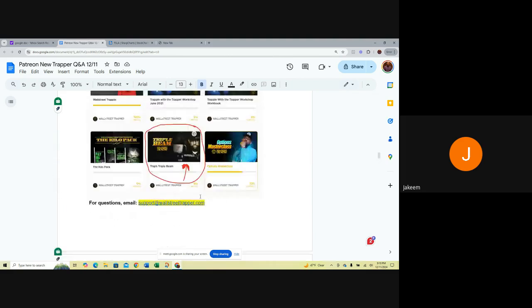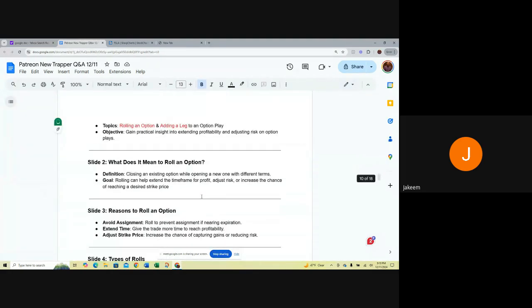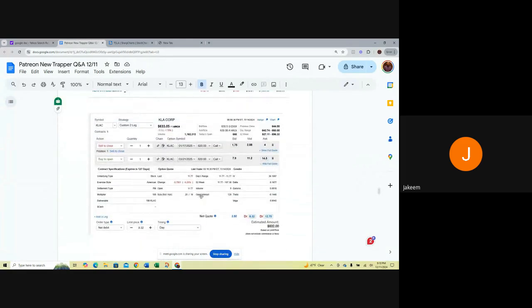That's where you put the price that you want to bid, that you want to ask the price for, right? And then all the way at the bottom it says good for a day or good till canceled. I didn't know which one to put. I did choose, but I put good till canceled, and I wanted to know, is that a good thing or a bad thing? Explain that to me.